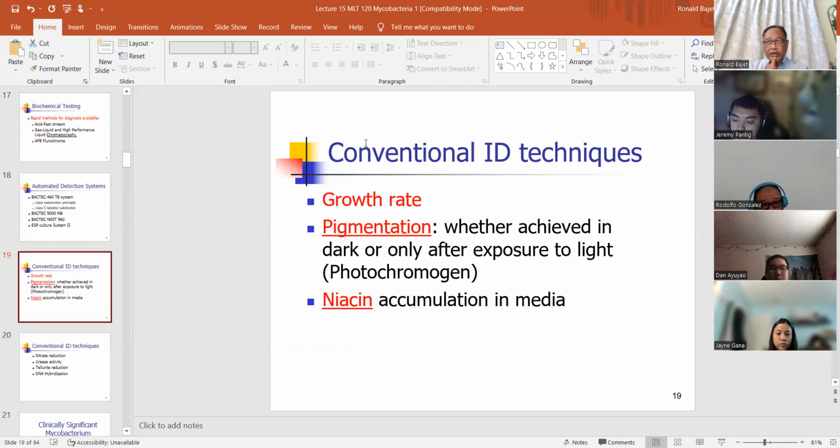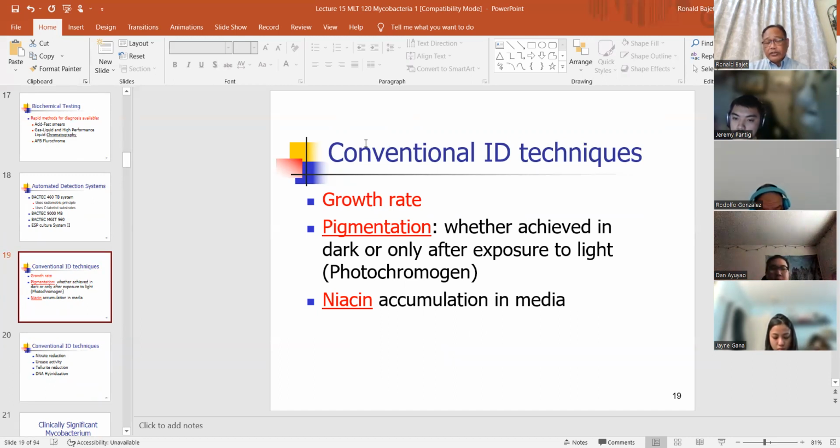The growth rate, conventional ID techniques. Remember the Runyon groups 1 through 3 grow in greater than 7 days, and 4 is a rapid grower, grows in less than 7 days. And also look at the pigmentation: the photochromogens, the scotochromogens, or the non-pigmented organisms. Niacin accumulation is another characteristic of Mycobacterium tuberculosis.